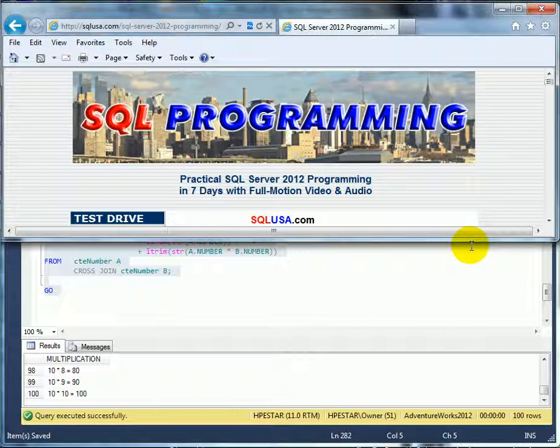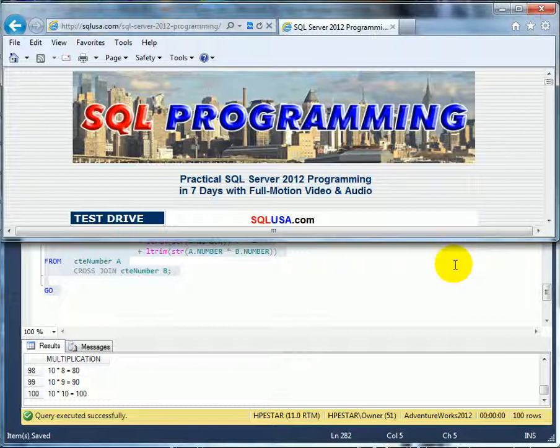Recapping, joins are used to connect tables and extract related data from the connected tables.